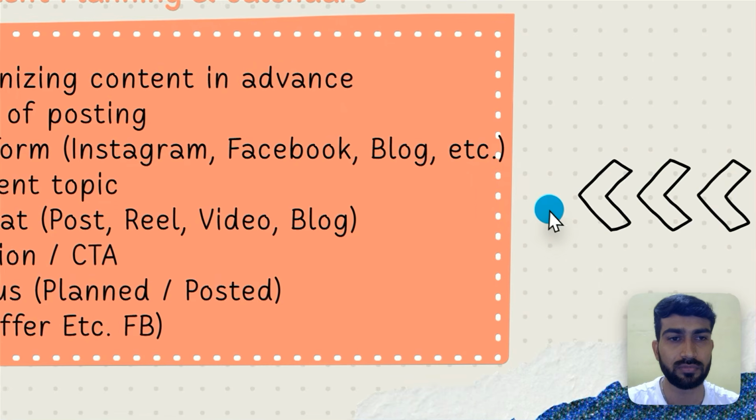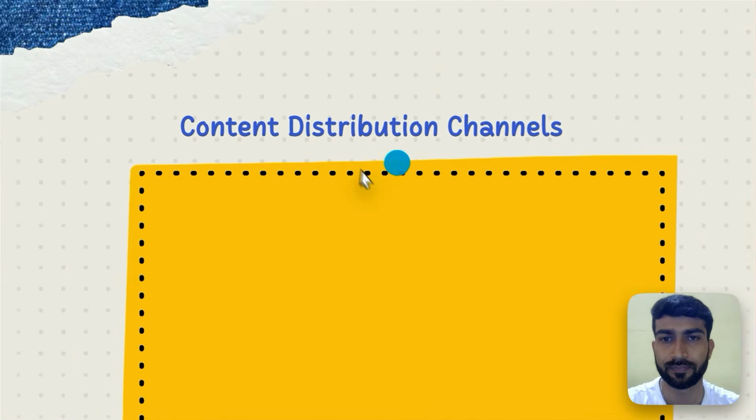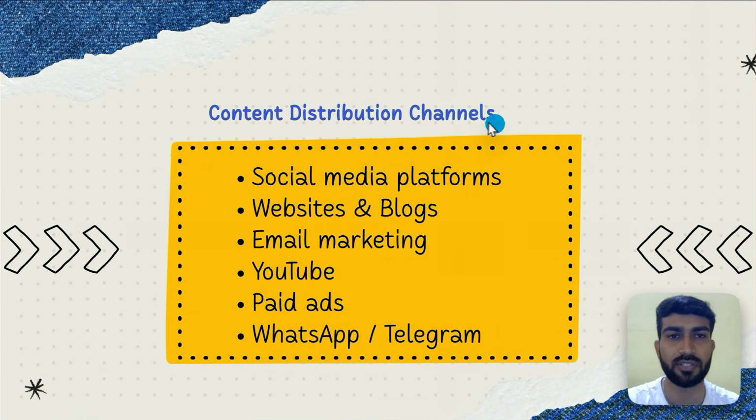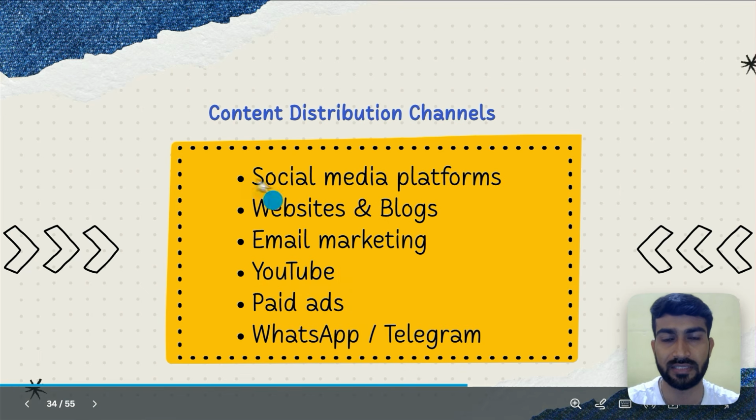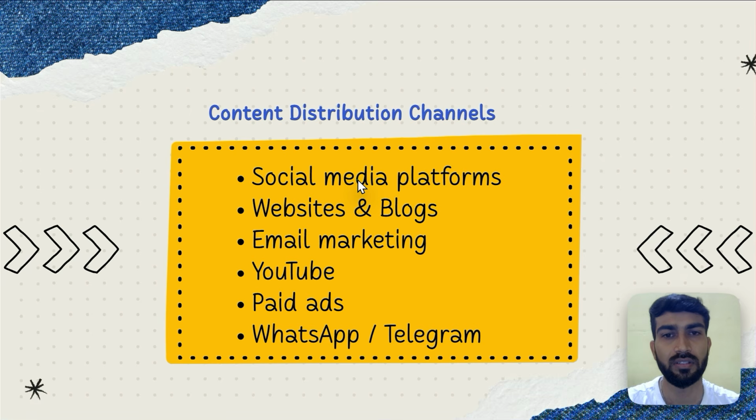Now the next is content distribution channels. So what is it? Social media platforms, which kind of platforms we are going to select, like website, blogs, email marketing, YouTube, paid ads, WhatsApp, Telegram. So these are the different channels where we can promote our product or services, and we can create the content. We can create content on social media, website, email marketing.